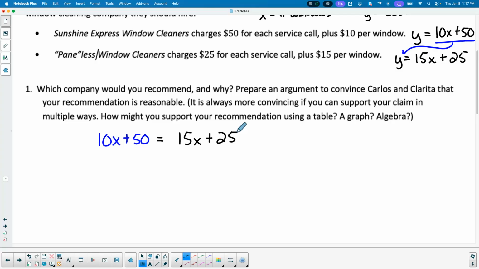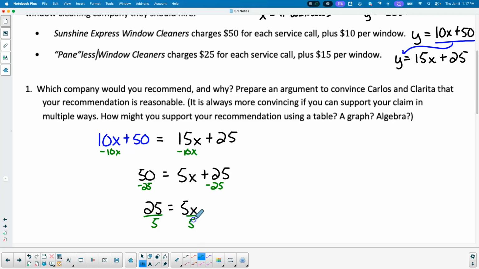Okay. So I get x equals 5. Agree? Okay. So what does that mean?